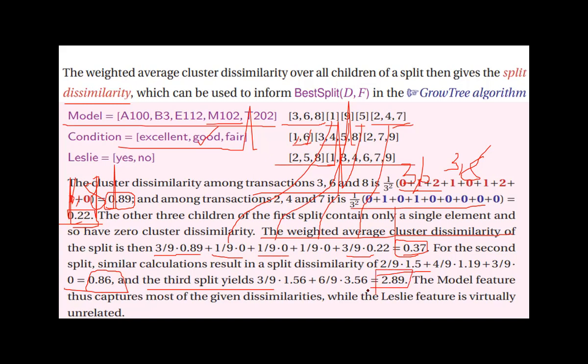This is, my dear friends, the dissimilarity. The modal feature thus captures most of the given dissimilarities, while the less like feature is virtually unrelated.